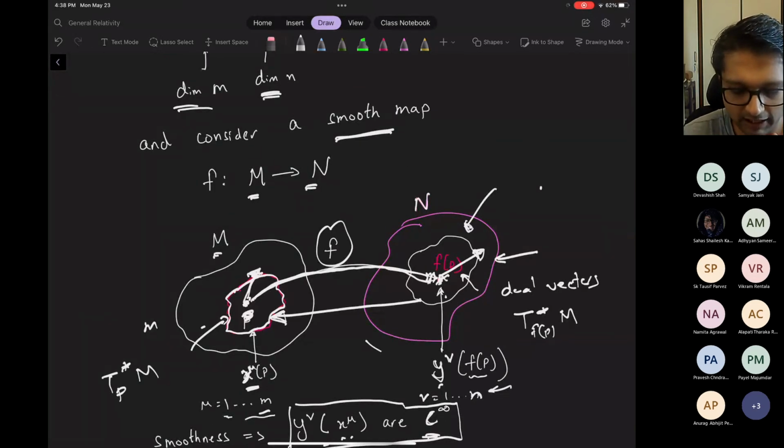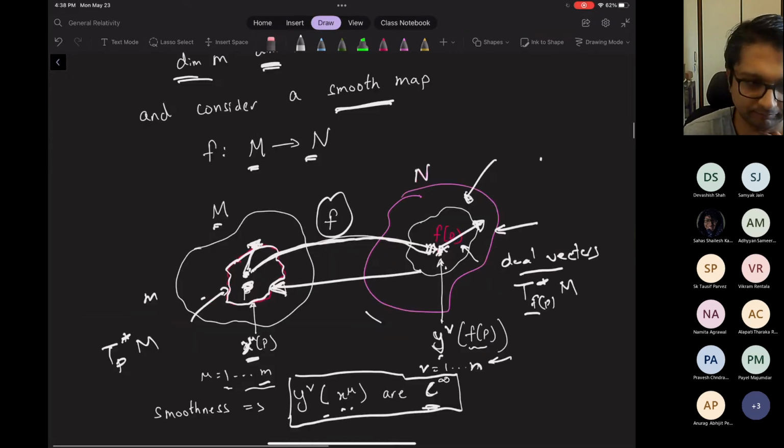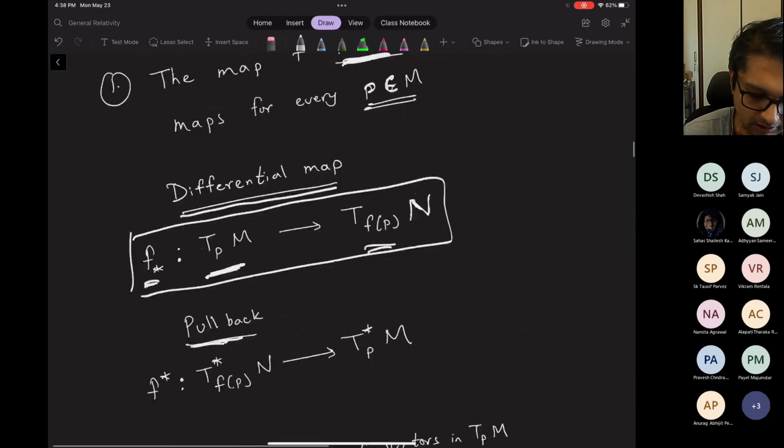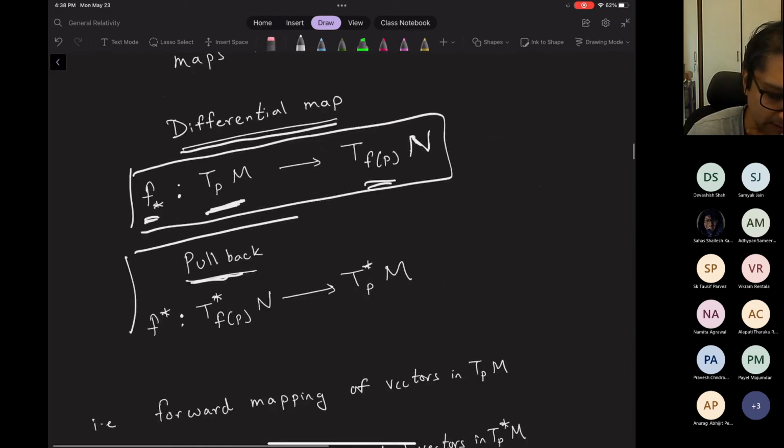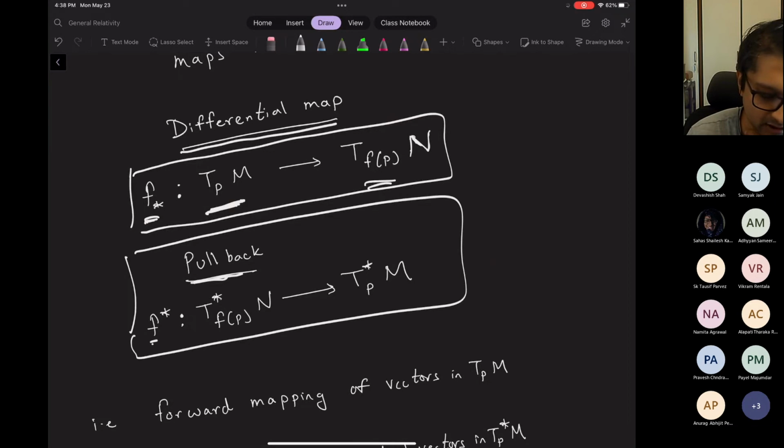It goes from the dual vectors in N to a dual vector in M at the point P. This is denoted with F upper star. Each dual vector in the dual tangent space at F of P can be mapped to a dual vector at the point P.